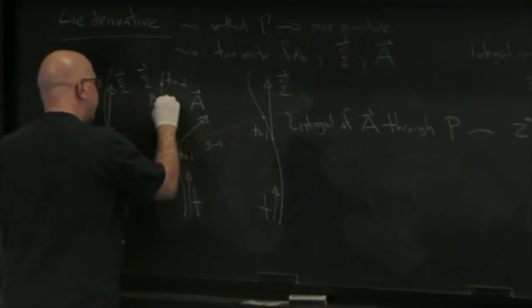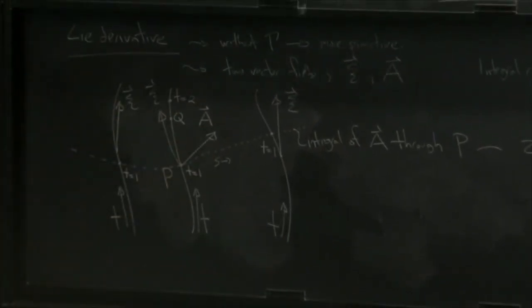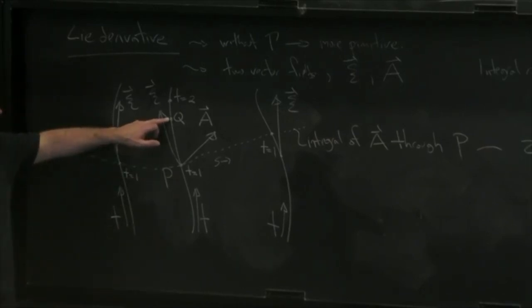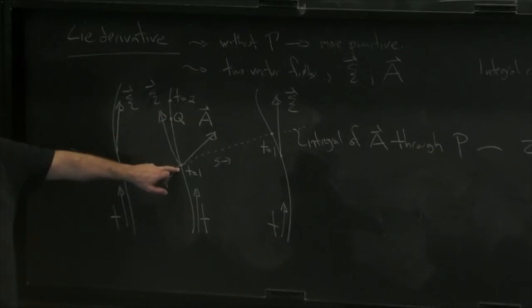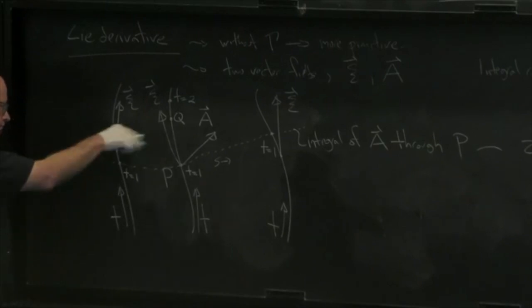And my second point is going to be up here somewhere. So that's going to be my second point. And what I want to do here is to find a way to compare a vector that used to be here to a vector that's here. So that's where I'm going with all of this, so that you can follow the thread of that whole setup here. Okay. So what am I going to do?